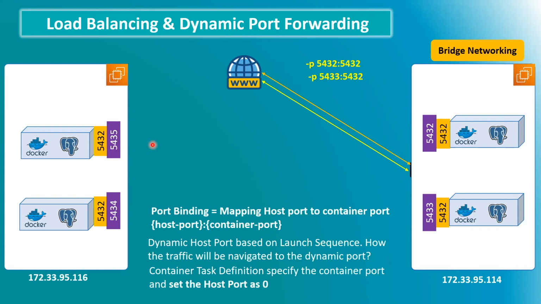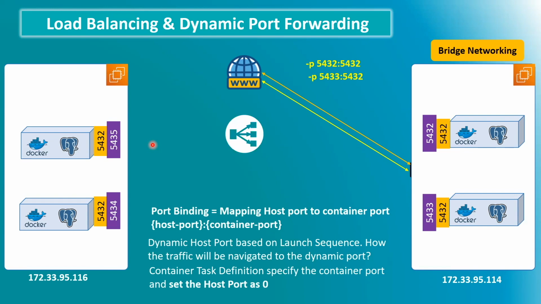Now the next question is, how will I get that port and how will I be able to distribute the load when I have more than one container using the same port? To answer this question, I'll use an AWS service. Other cloud providers also have the same capability. AWS Application Load Balancer is the answer for this scenario.